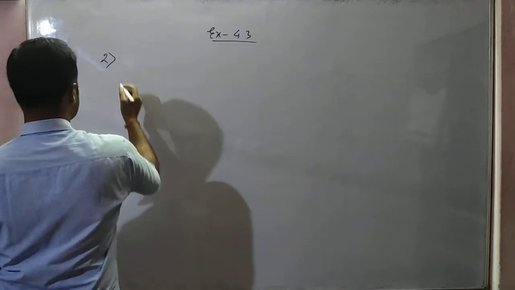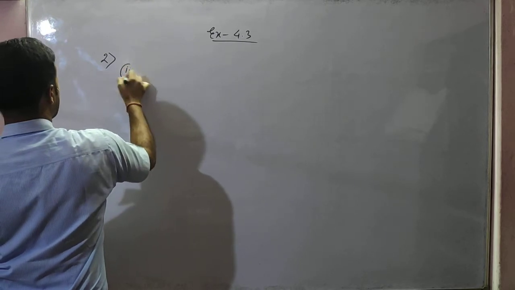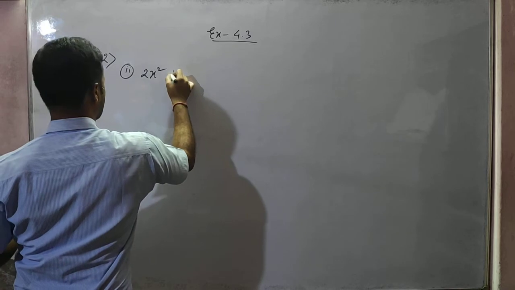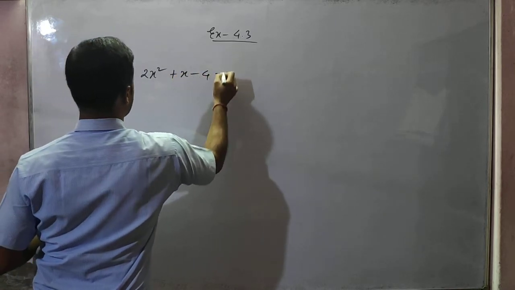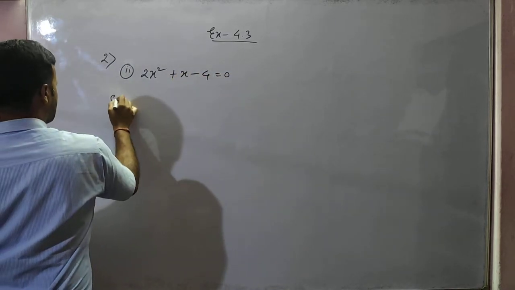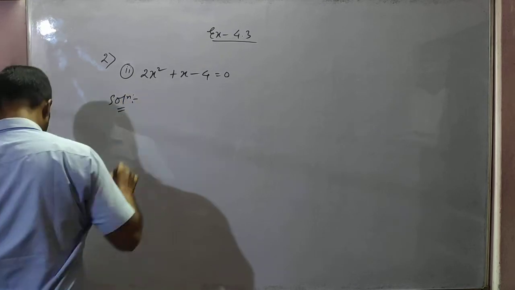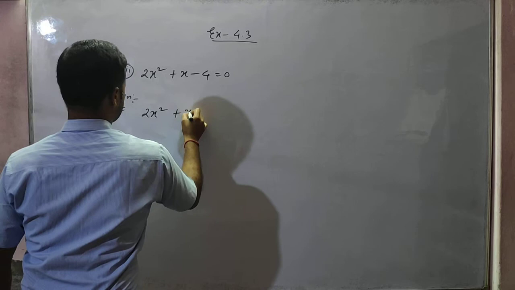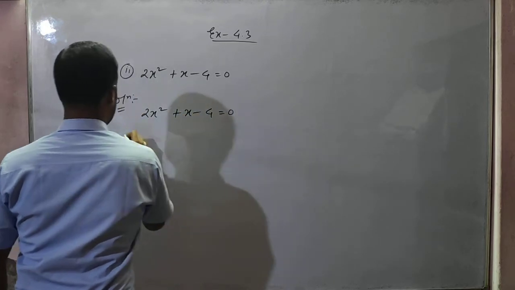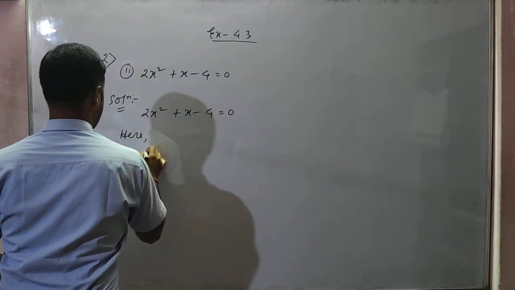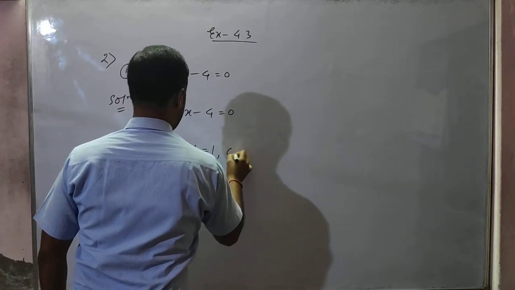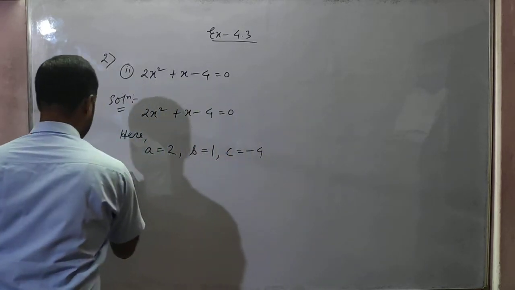So let us do one sum. Students, 2x square plus x minus 4 is equal to 0. We will apply quadratic formula here. Here a is equal to 2, b is equal to 1 and c is equal to minus 4.